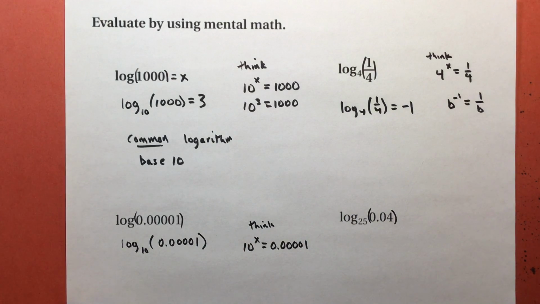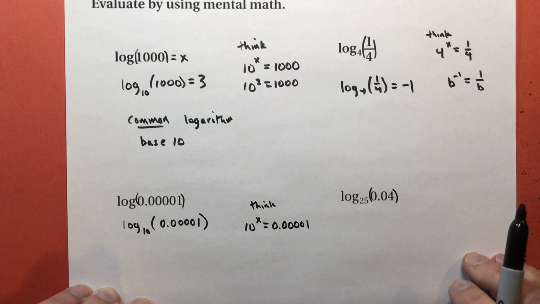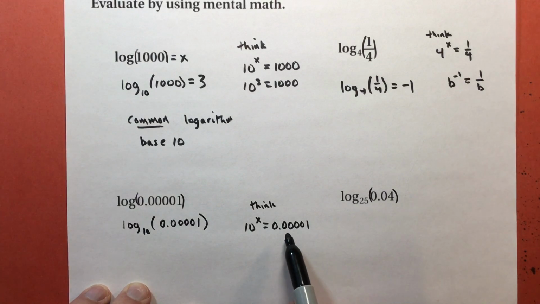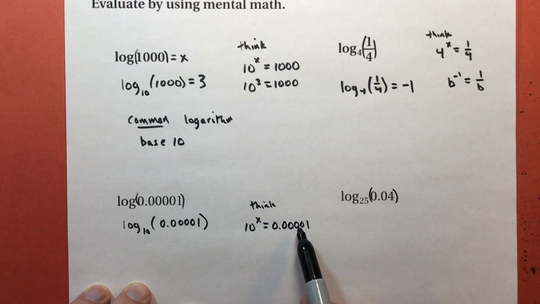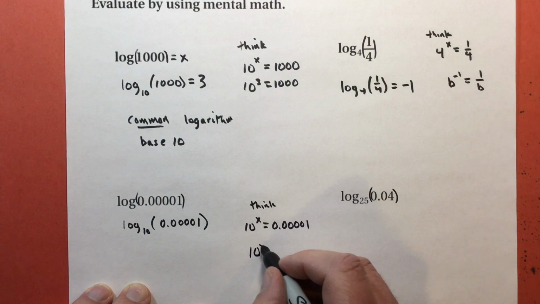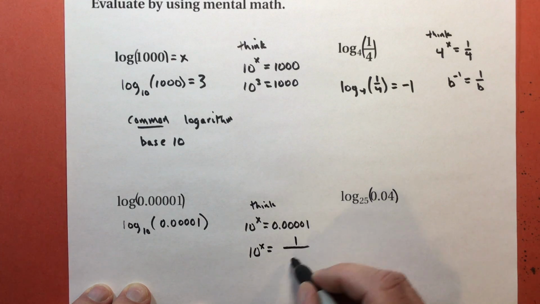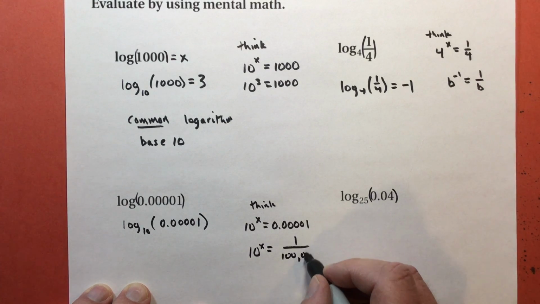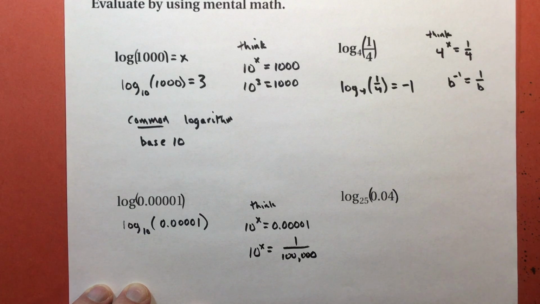So I know you're not going to believe me, but this is so much easier if you think about fractions. It really is. So this is 10th, 100th, 1,000th, 10,000th, 100,000th. So you can also think of it this way: 1 over 100,000. Those are the same.